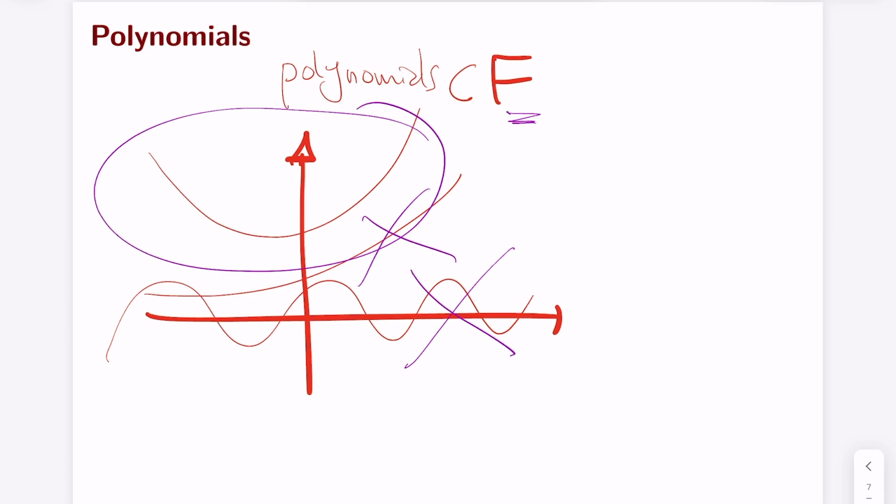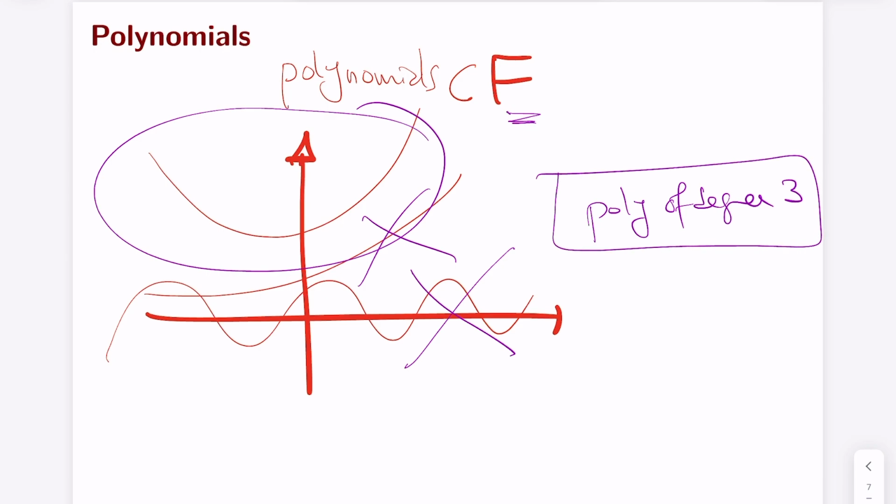Let's consider, for instance, specifically the polynomials of degree 3, let's say. So let's imagine that this is a subset. The polynomials of degree 3 are in particular a subset of all the functions. Let's see if this is going to be a subspace. This is a polynomial of degree 3.